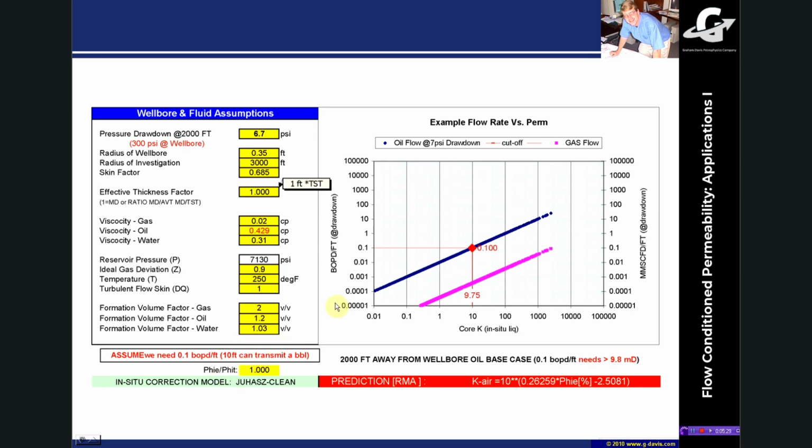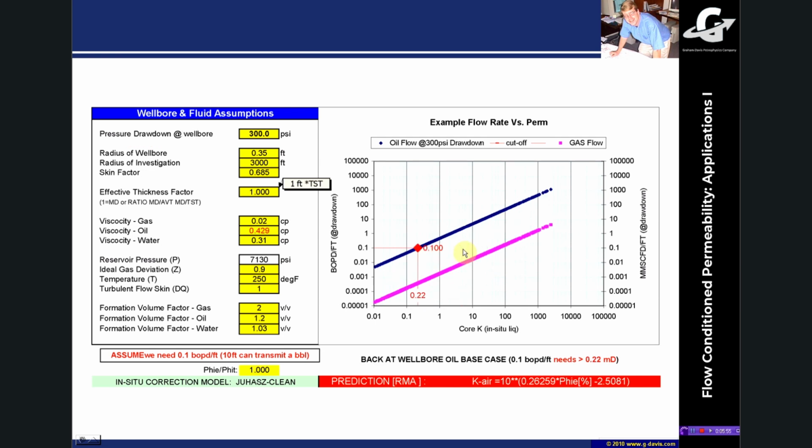If we increase the drawdown back in the wellbore to 3,000 psi, again increasing the drawdown out here in the reservoir to 13 psi, then we drop the permeability we require. We only need 5 millidarcies, and we can flow this required 0.1 barrel per foot per day.